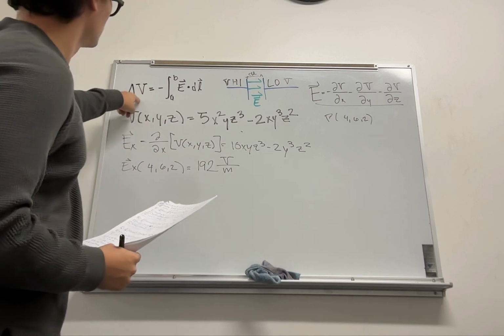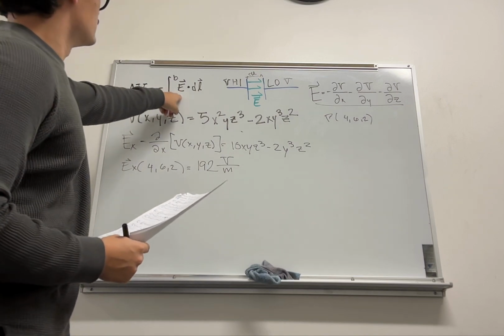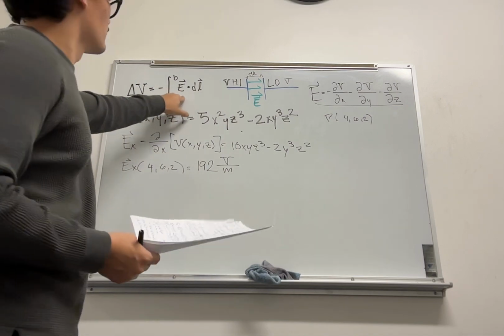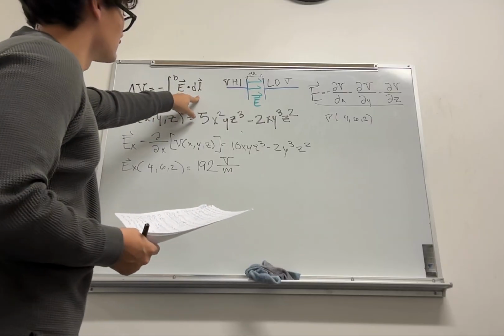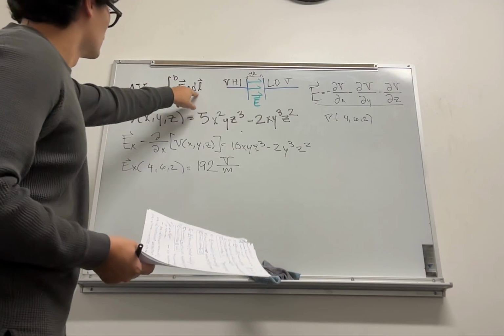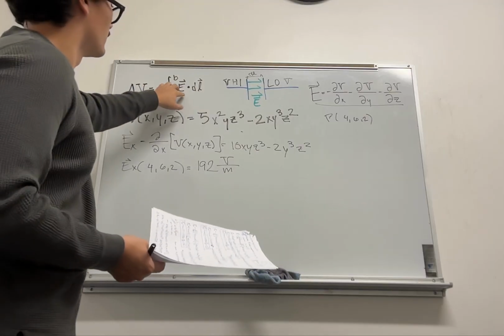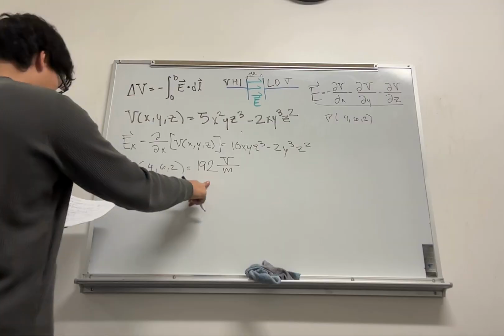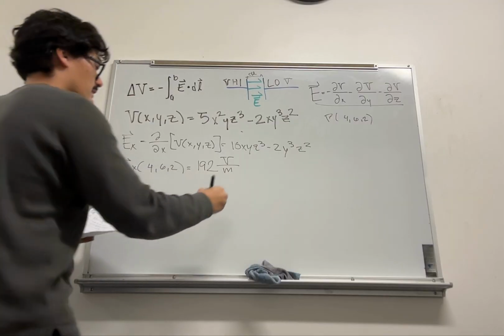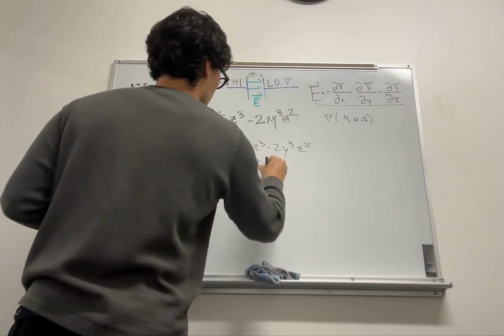This is in terms of volts, this is in newtons per unit charge, and this is length, which is measured in meters. So the value for E is measured in volts per meter. So that's our first component, and this is in the negative i hat direction.